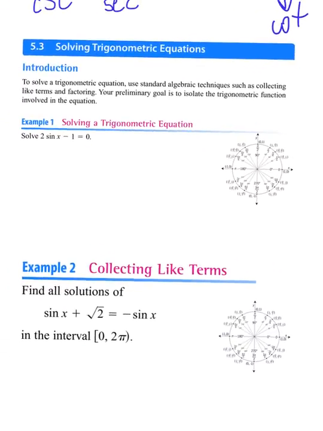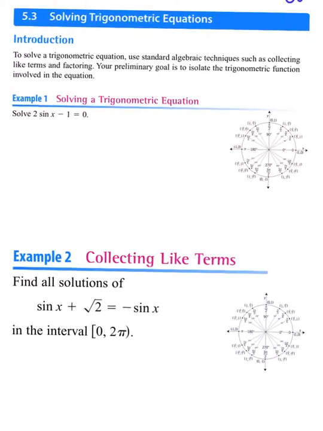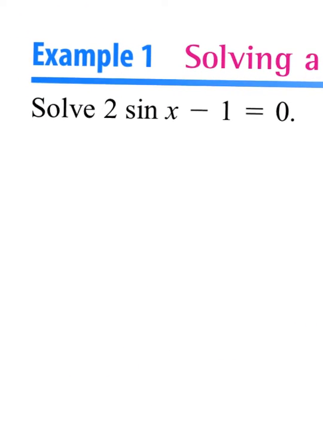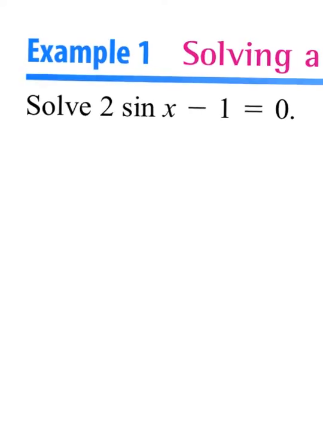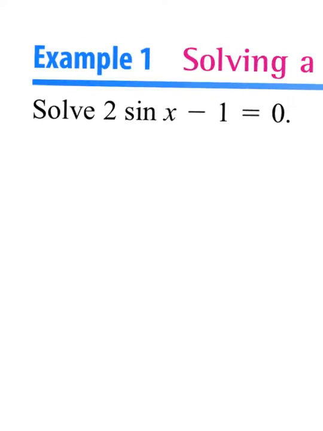What I mean by that, guys, look at number 1. All right, I'm going to make this even bigger so you can see it. Do you see how it says solve 2 sine of x minus 1 equals 0? Everybody see that? All right, so the first thing I want you to do is isolate the trig function. Here's your trig function, sine of x. It's not just x. We want to isolate the whole trig function.